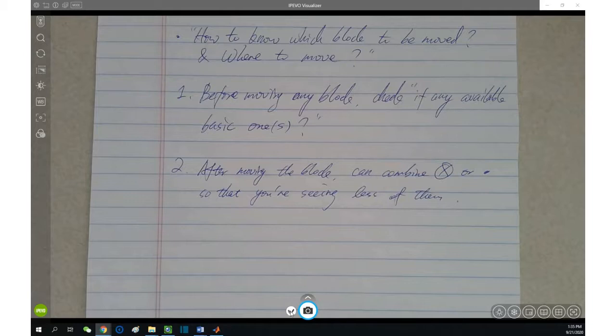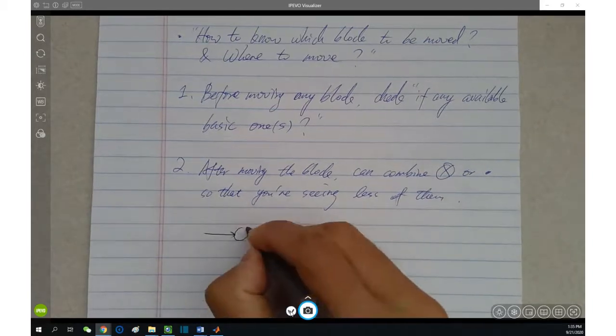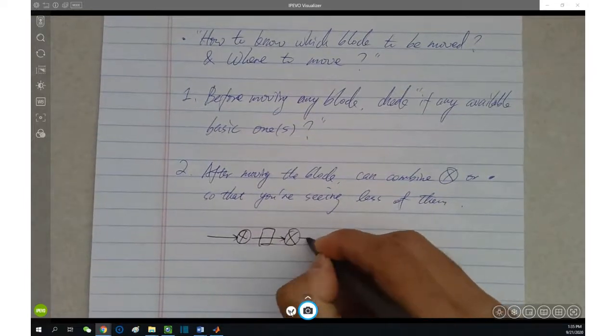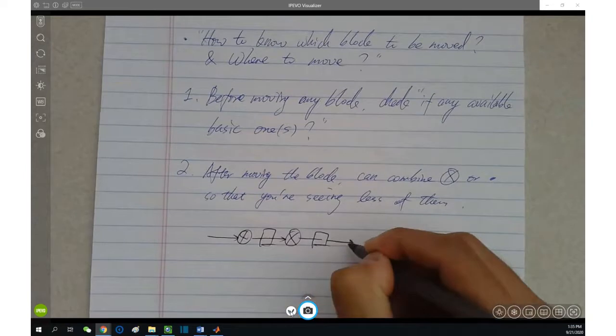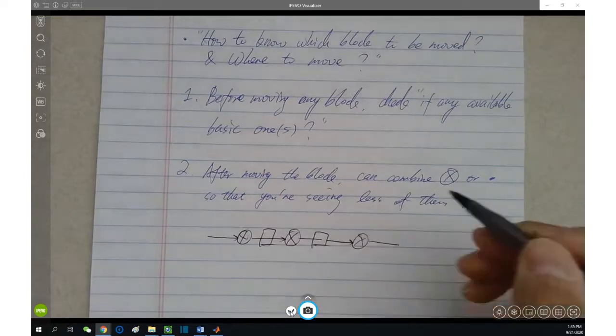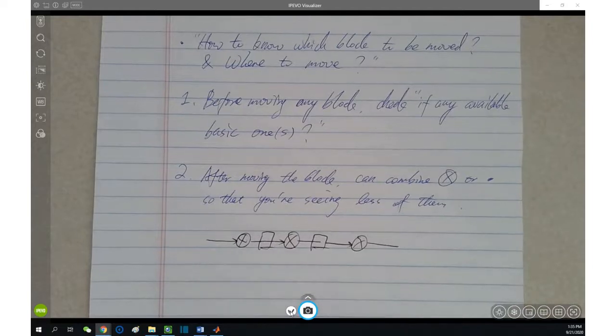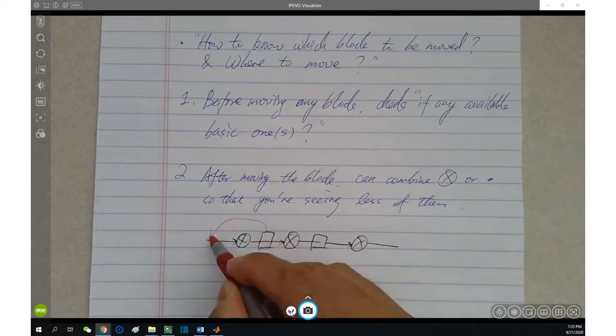Okay? You need to combine them. For example, I can give you a simple example. You have a summing junction here, a block here, a summing junction here, another block here, and then a summing junction here. You see two blocks right in the middle among three summing junctions.